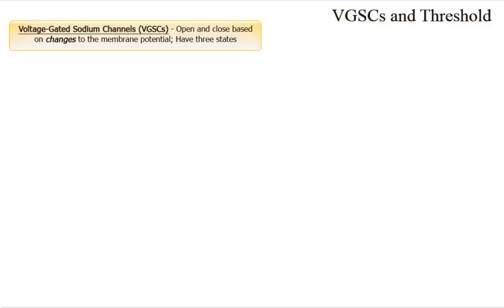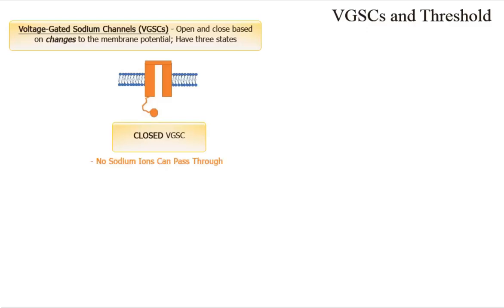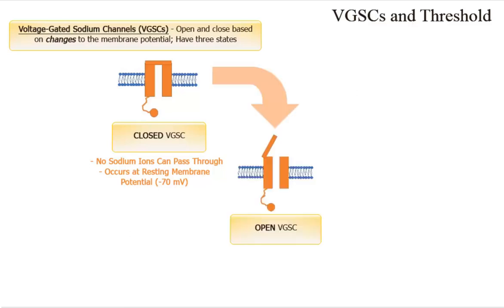So let's take a look at a picture of a closed voltage-gated sodium channel. So in this condition, no sodium ions can pass through this channel. Voltage-gated sodium channels close at around resting membrane potential, which remember is minus 70 millivolts. From the closed position, voltage-gated sodium channels can then open.